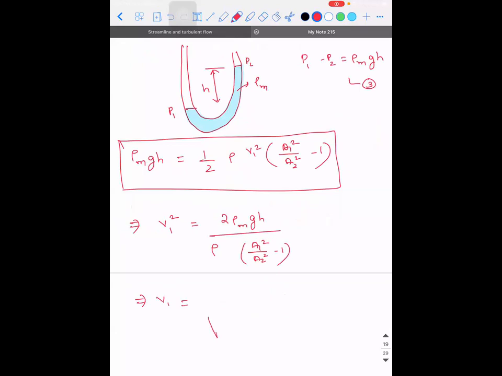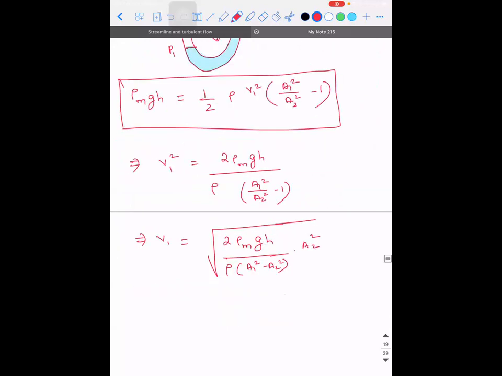Square root of 2 times rho m into gh divided by rho into A1 square minus A2 square, and here you have A2 square. Does it make sense? I took the LCM and took the A2 square to the numerator. So what will come out of the square root? A2 into root of 2 into rho m into gh divided by rho into A1 square minus A2 square.